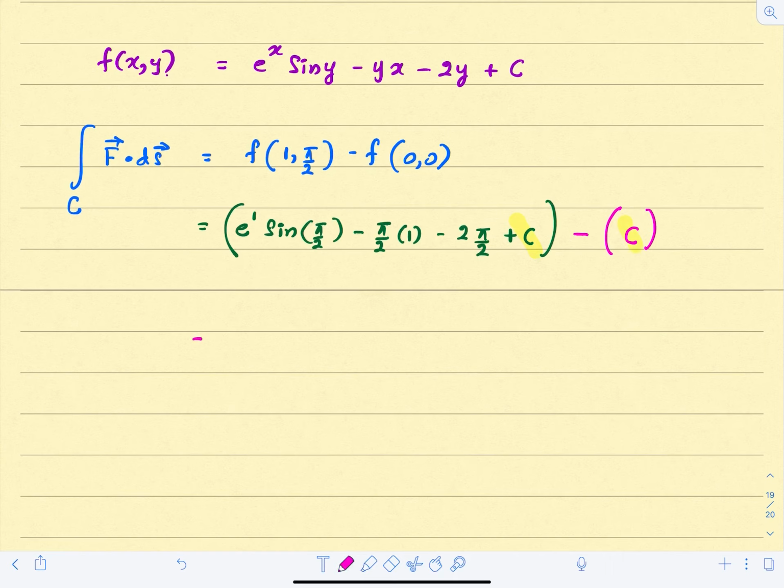Basically we have e to the 1 times sine pi over 2, which is 1, so we have e to the 1 minus pi over 2 minus pi over 2 minus pi, which is minus 3 pi over 2. So this is the value of the line integral f dot ds.